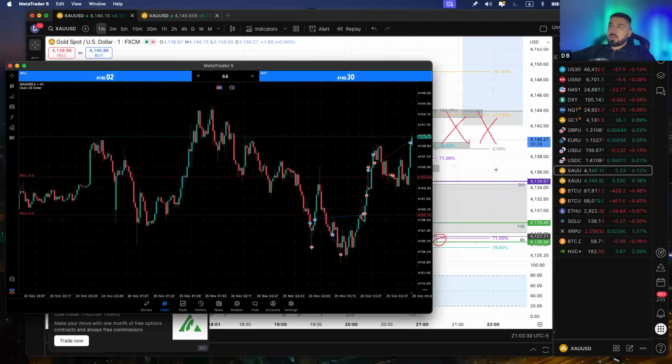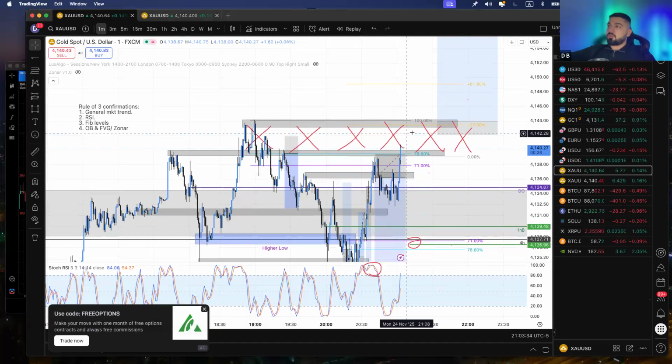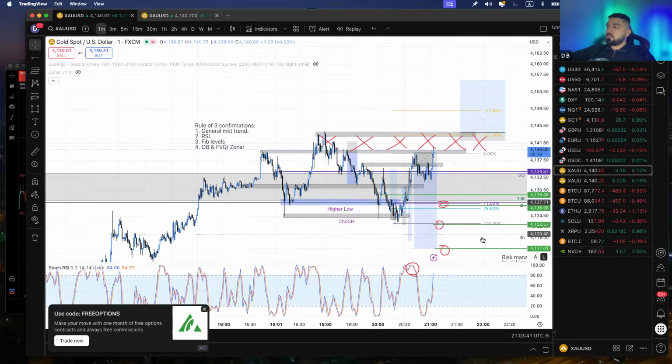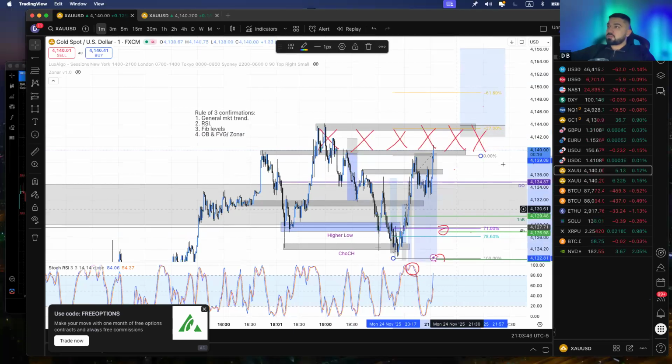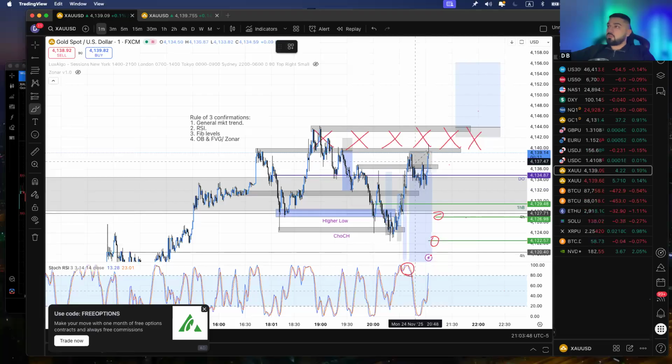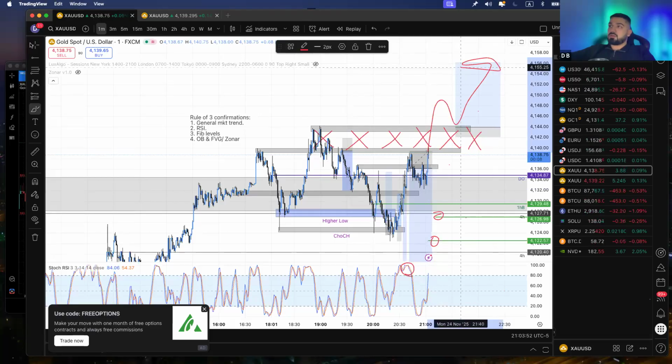So keep that in mind. Be careful because from here, I'm not looking to get into any trade. Price has moved bullish now. This fib has been broken. Keep it in mind. This fib has not been tapped, so remove that. And now the only thing that I could potentially wait for is the price to break above, and then for me to continue entering from there.